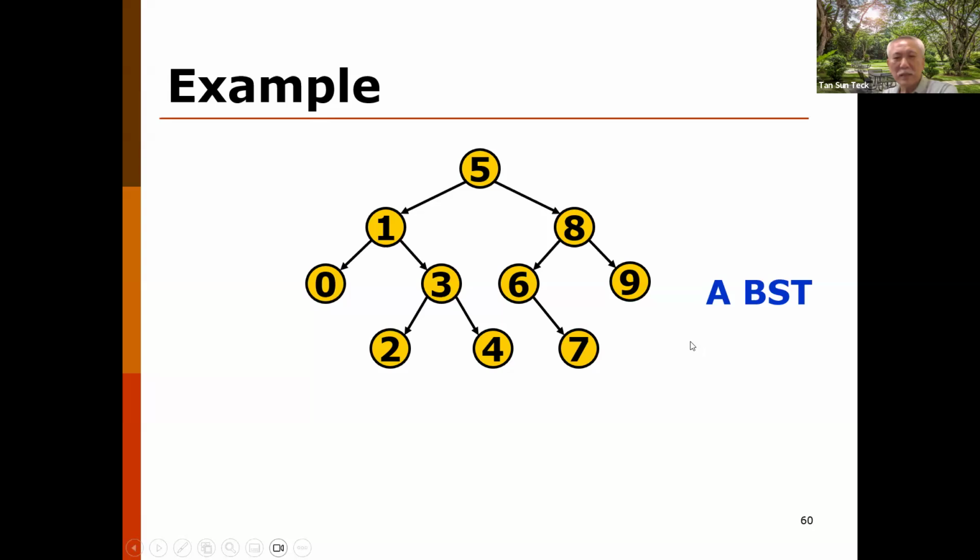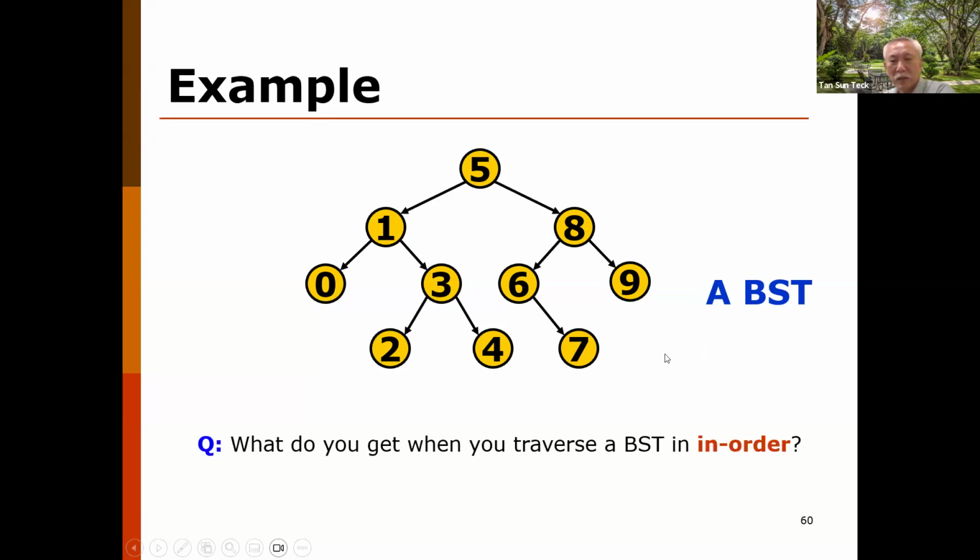Right, this is a BST. Everything on the left is smaller, everything on the right is bigger. For over here, 8, 6 and 7 are smaller, and 7 is bigger than 6 and so on. So this is a BST. As we said earlier, if I traverse this in order, because this is a BST, we know that this guy, if you put it down, is going to become the middle element.